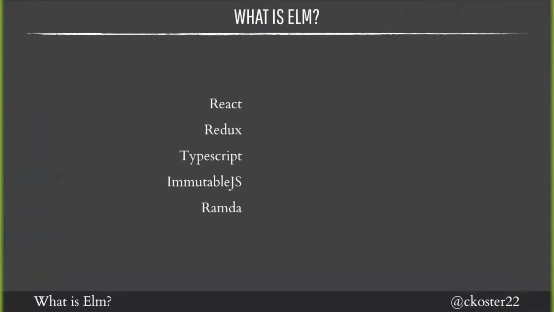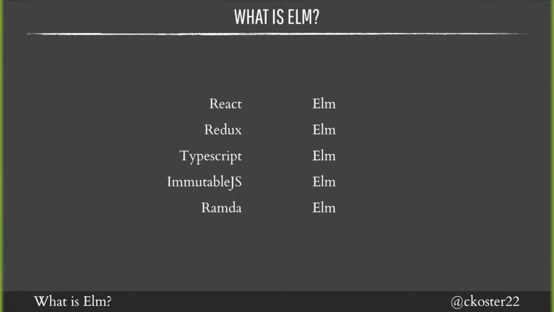Before I get super deep into Elm, I want to build the context about what Elm is. Elm is a functional language for building web applications. If you're doing web development, you're probably familiar with this tech stack: React, Redux, TypeScript, some immutability solution, some functional JavaScript solution like Ramda or Lodash.